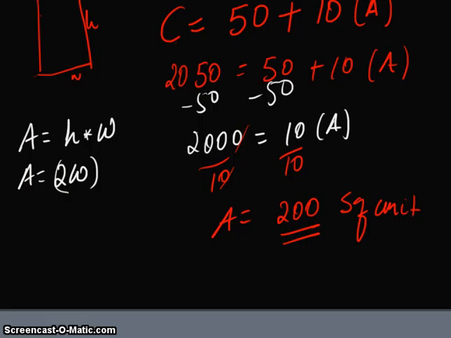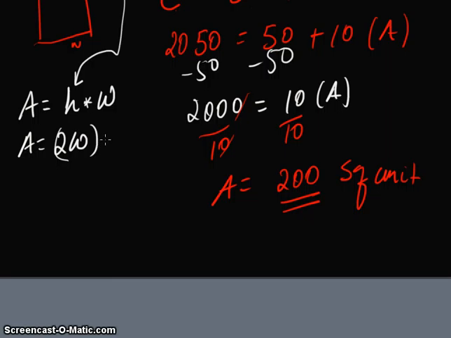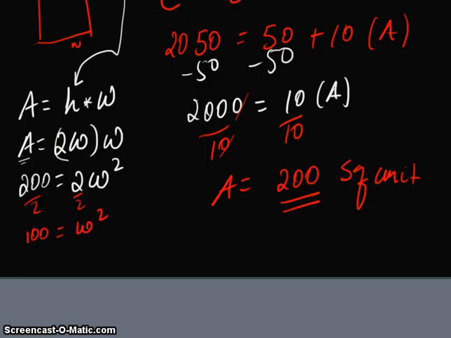That was their requirement, so I put that in there, times W. So the area is 200 equals 2 times W times W, which gives us W squared. Then we divide both sides by 2 and get 100 equals W squared. We take the square root of both sides and get 10 equals the width.